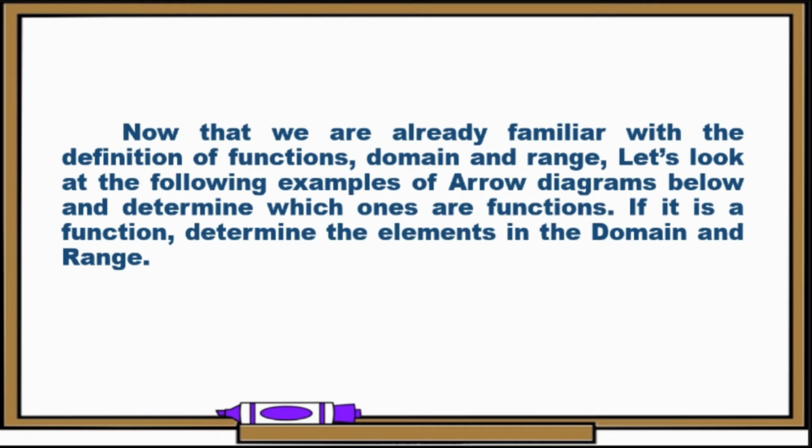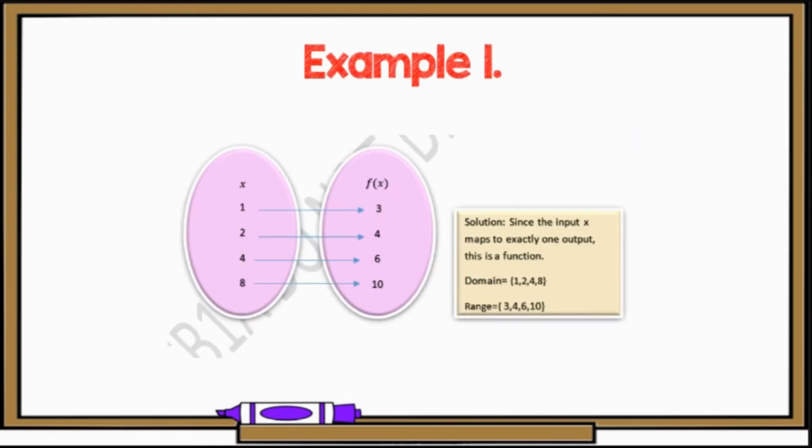Now that we are already familiar with the definition of functions, domain, and range, let's look at the following examples of arrow diagrams below and determine which ones are functions. If it is a function, determine the elements in the domain and range. Let's start with example number 1.